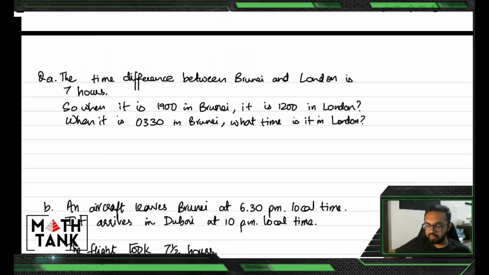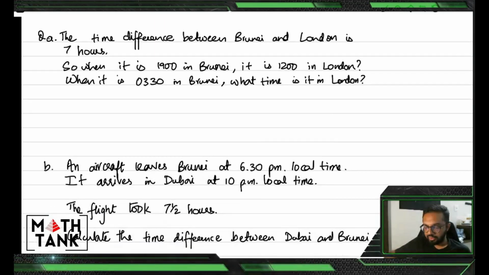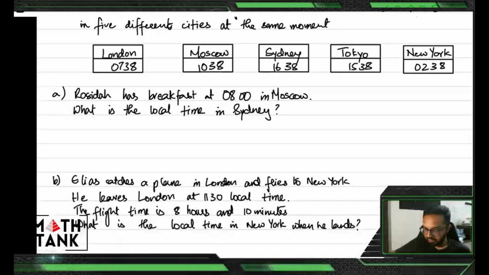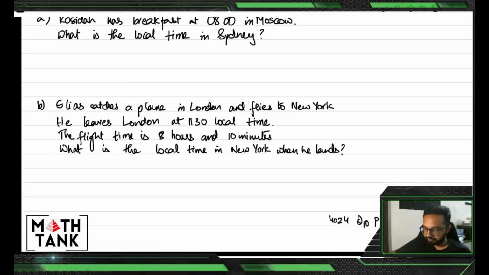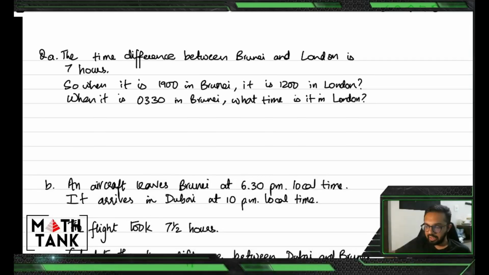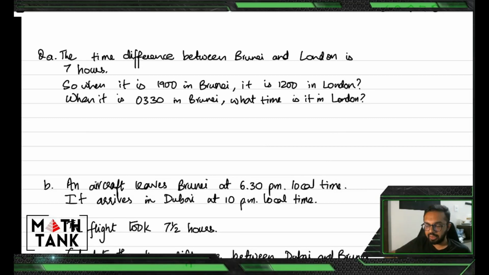Moving on, it says the time difference between Brunei and London is 7 hours. So when it is 1900 in Brunei, it is 1200 in London. Okay, so Brunei is ahead of London. When it is 3:30 in Brunei, what time is it in London?